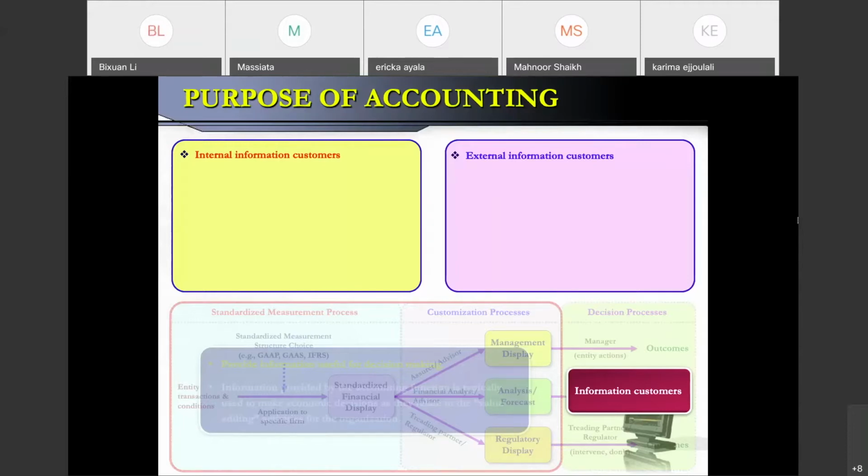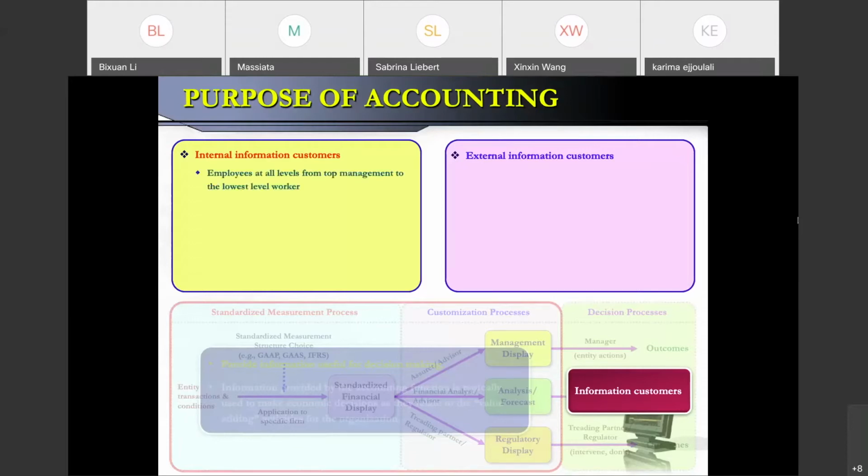Yeah, employees are internal. Customers are external. Investors are external. Yeah. Investors are internal or external? External. Okay. The board can be internal. Yes, board of directors, internal. Owners, internal.